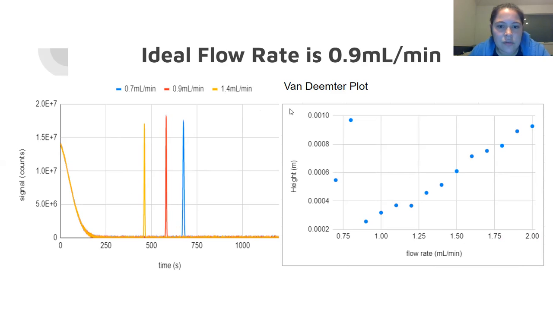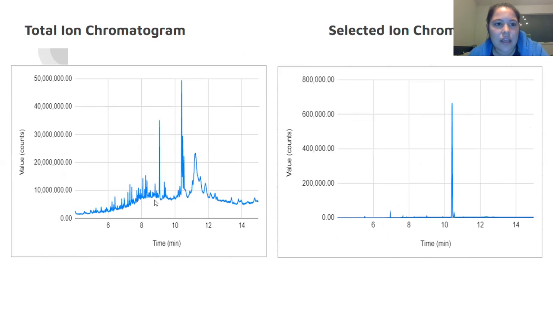So we created a Van Deemter plot, and this plot showed us that 0.9 milliliters per minute is the flow rate that is ideal for this experiment because it has the lowest height, which means it has the highest number of theoretical plates.